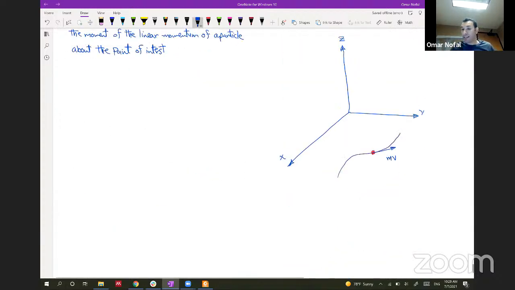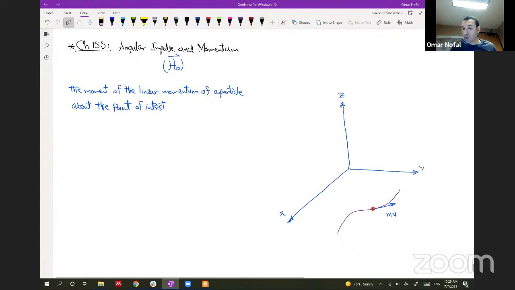So if we need to get the angular momentum about point O here, we will have to extend the direction of the linear momentum and get the perpendicular distance like this. This is the perpendicular distance d, and the scalar quantity of HO.